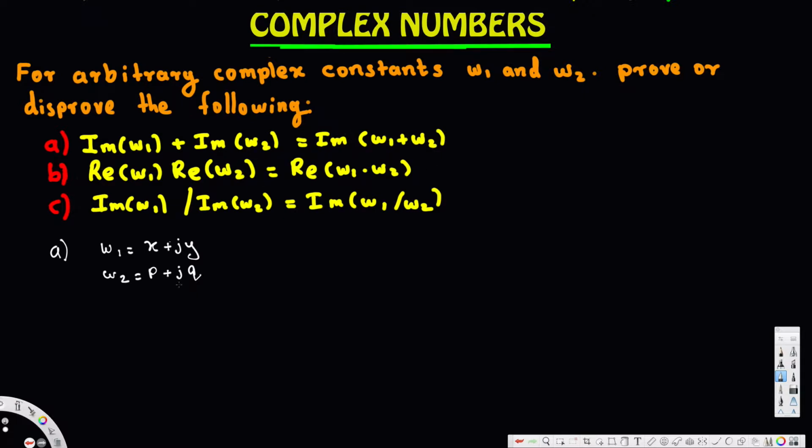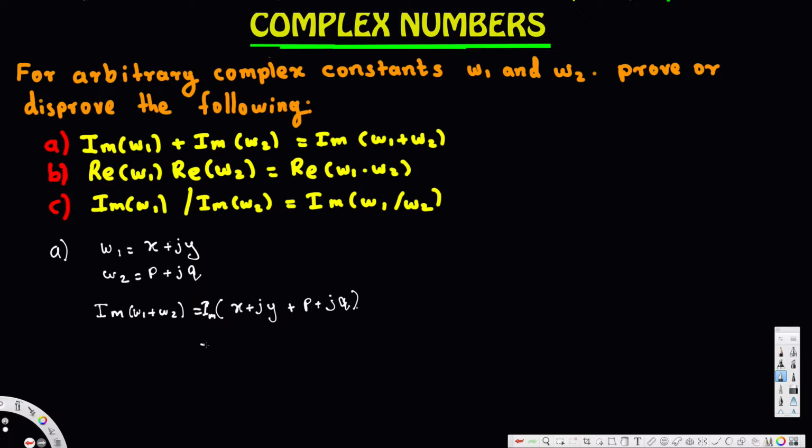Now in order to do this one, first we are going to take w1 plus w2 and add them together. So here we are going to have the imaginary part of w1, which is x plus jy, plus p plus j rho.